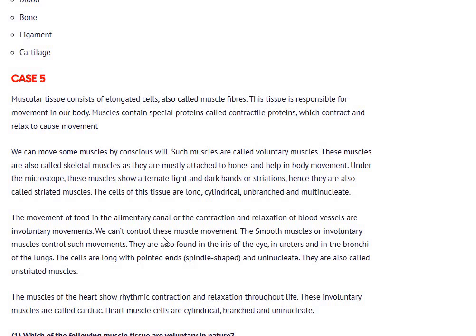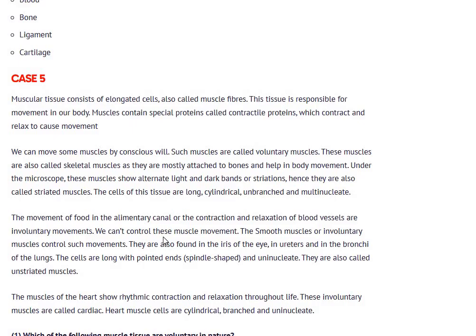Muscular tissue consists of elongated cells called muscle fibers. This tissue is responsible for movement in our body. Muscle contains a special protein called contractile protein, which contracts and relaxes and causes the movement. We can move some muscles by conscious will. Such muscles are called voluntary muscles.